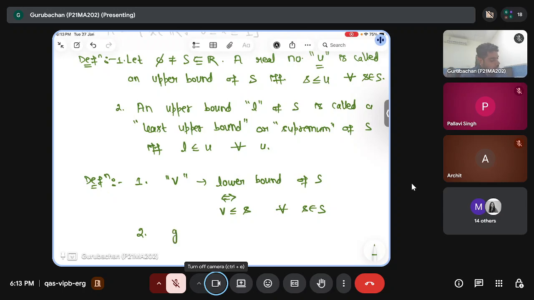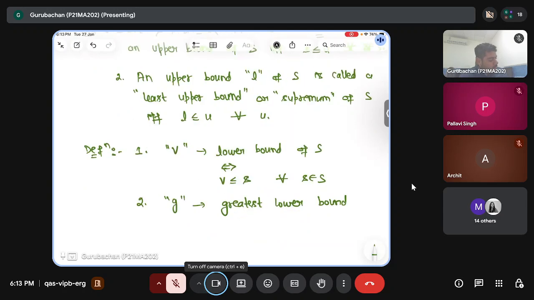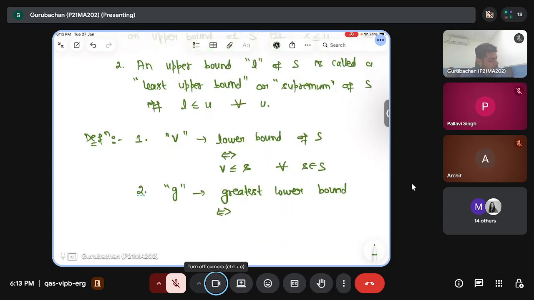So some g will be the greatest lower bound if and only if it is the greatest of all those lower bounds. So this is the mathematical way to write this definition.